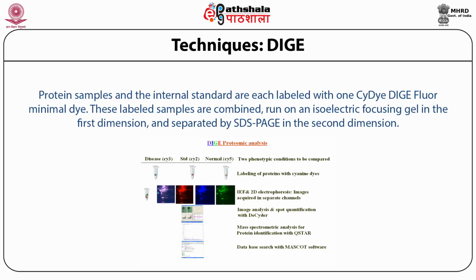Spots with varying amount of differential expression are marked as differentially expressed proteins, and these spots are now taken, trypsin digested, and these peptide signatures are now used for identification using mass spectrometric analysis.